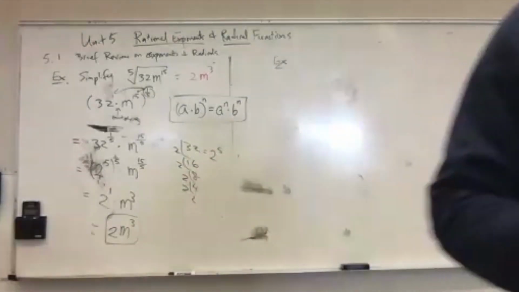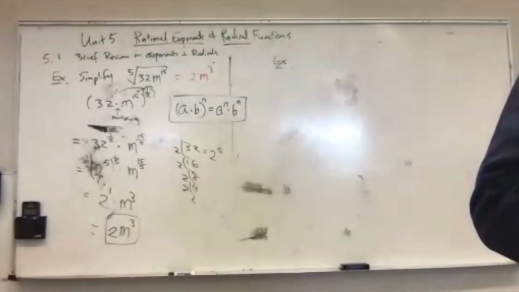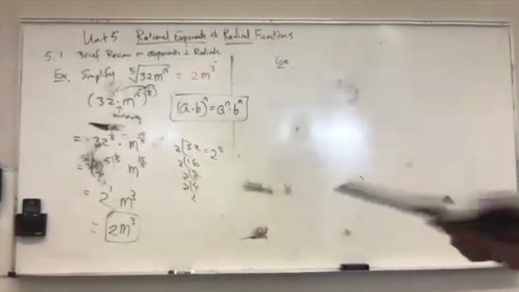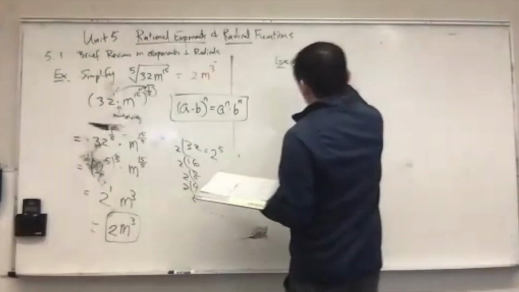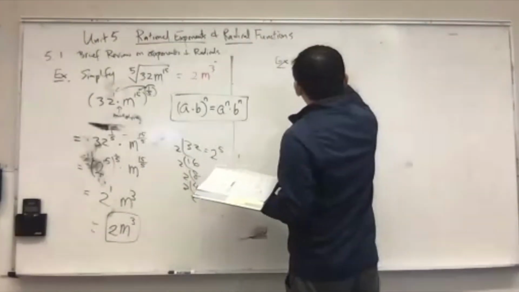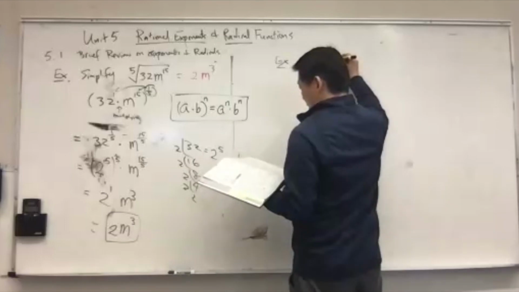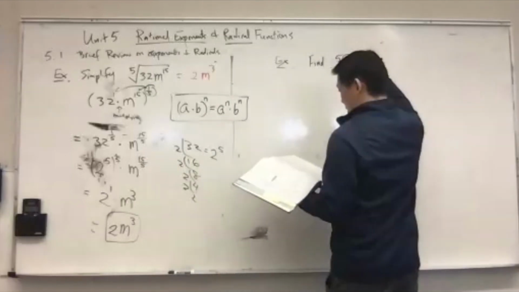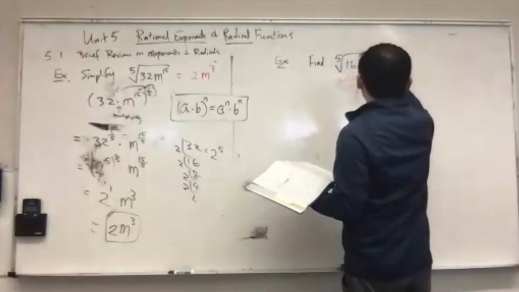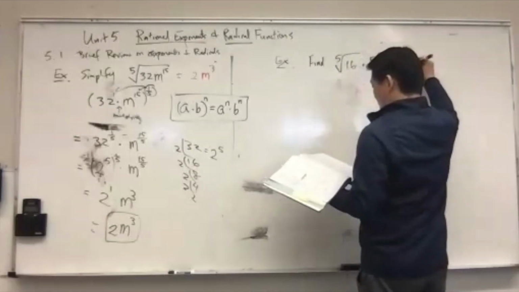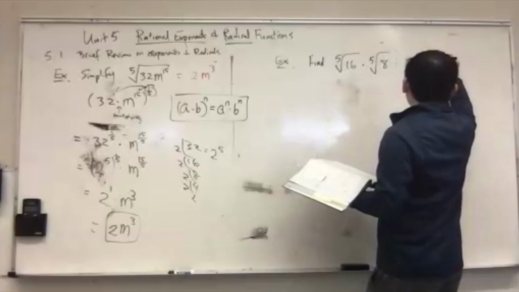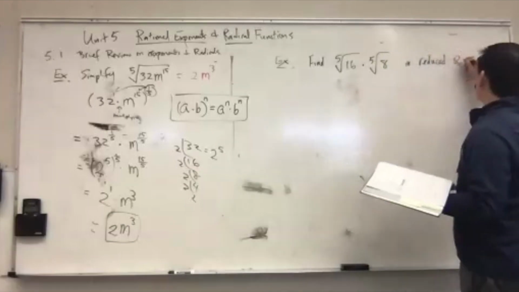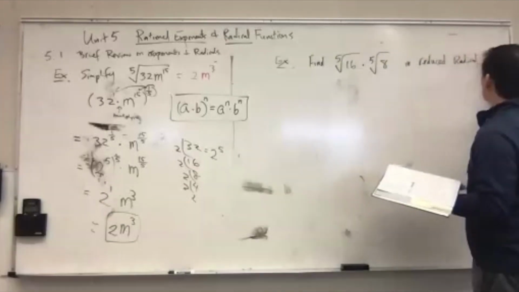Say for example, you had this expression: find the fifth root of 16 times the fifth root of 8 in reduced radical form.